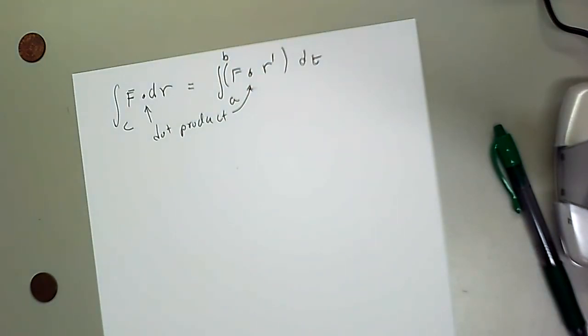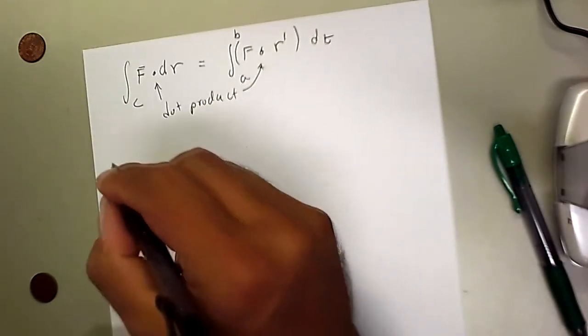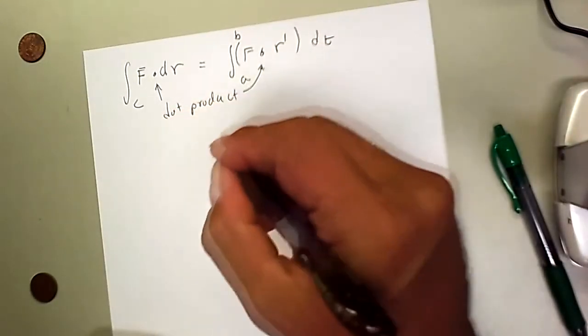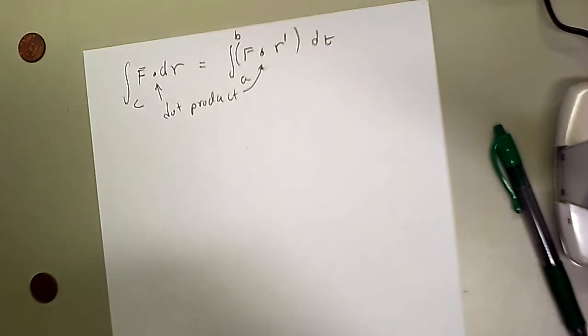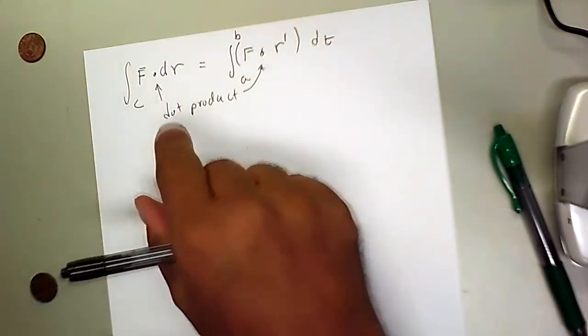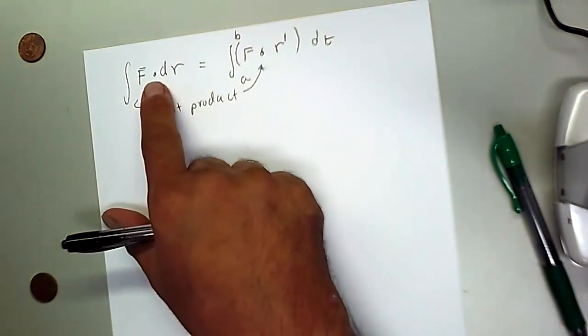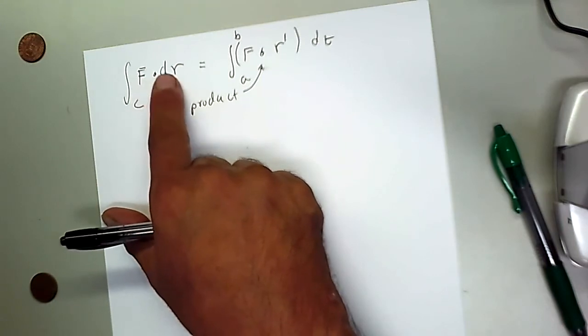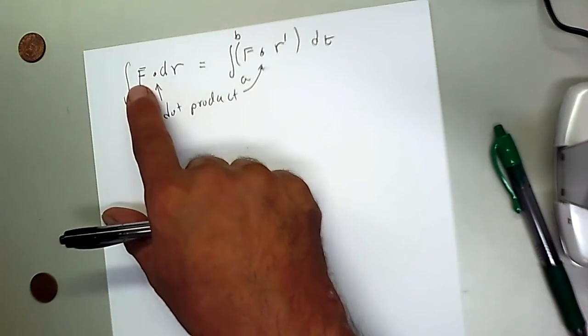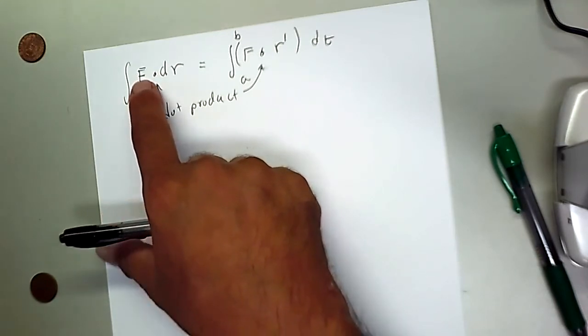Okay, so let's do a few examples. These examples are going to be simple because we want to understand what this means. This has to do with work. If the force, pretend that we have a force field.